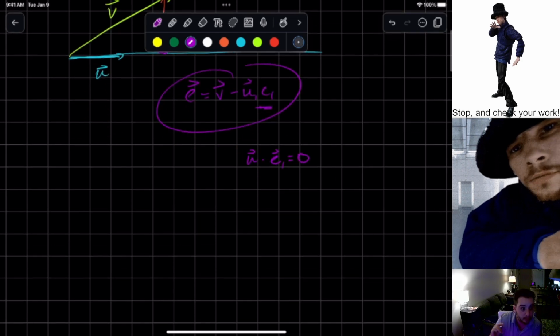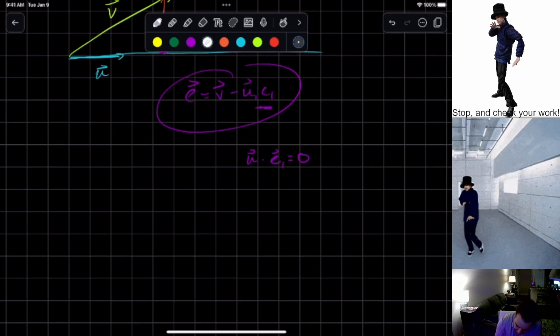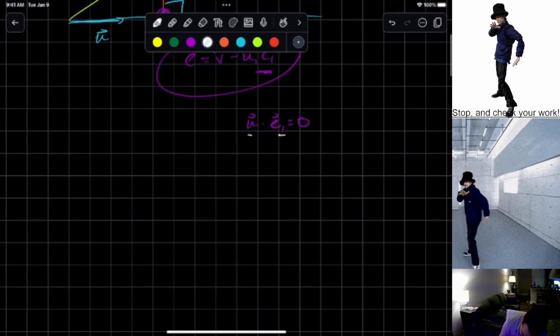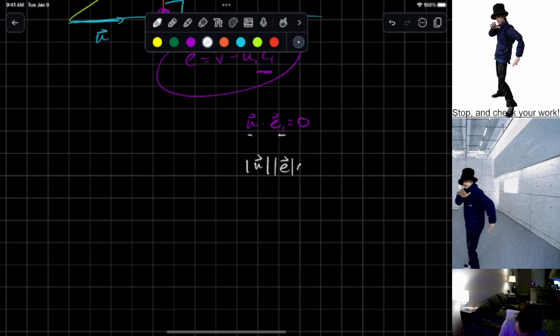You might be asking, why? Why does this matter? Because when you take the dot product of two vectors, it's really the absolute value of this vector times the absolute value of the other vector times the cosine of the angle between the two vectors, right?